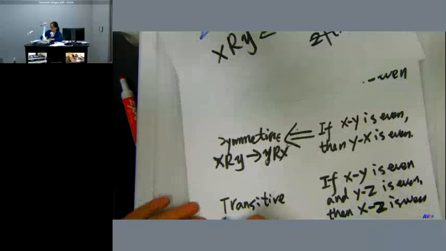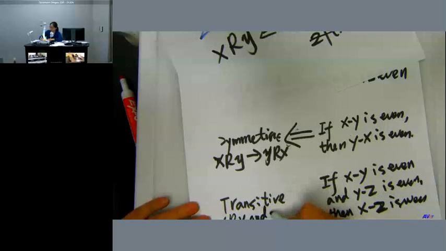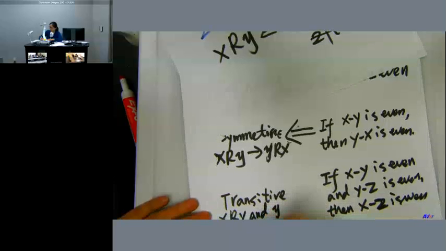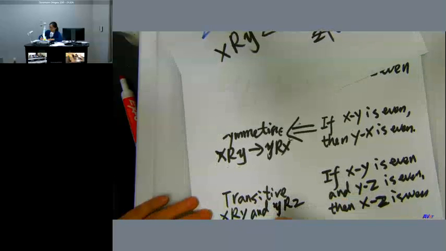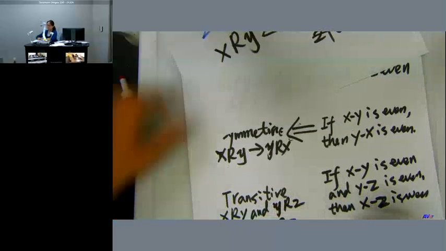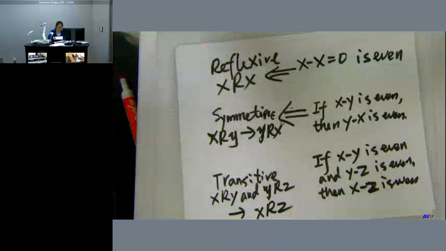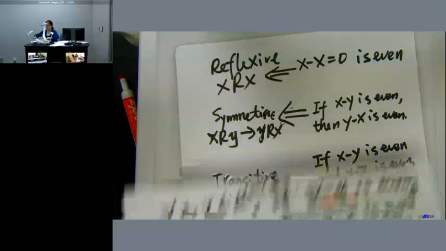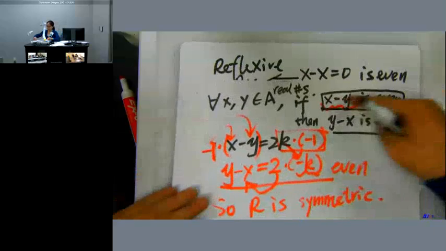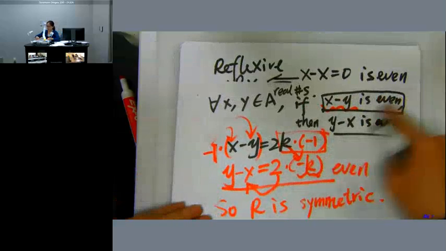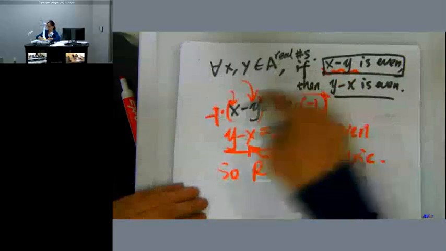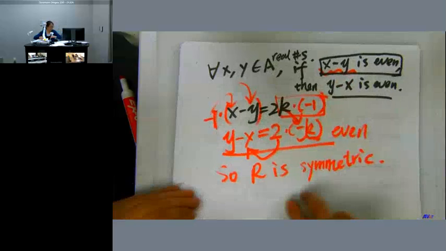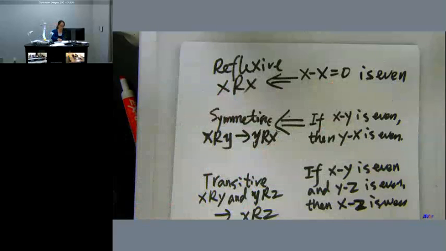So this tells us x related to y and y related to z implies x related to z. So these are the three I did. That's my notes from last time. If x minus y is even, then y minus x is even, and we actually proved it. And also we proved the third one.